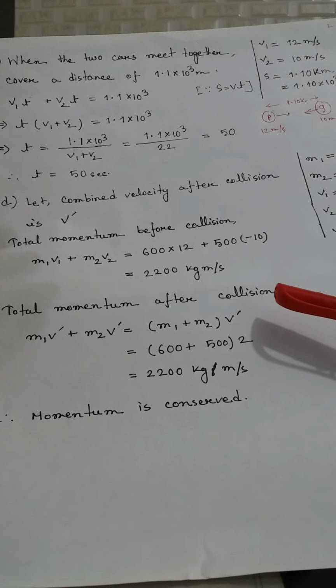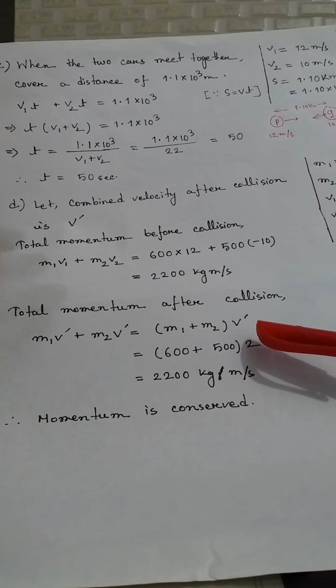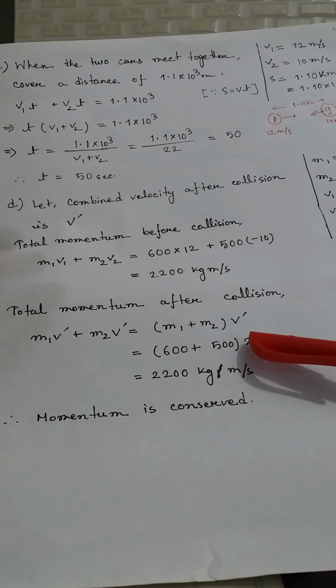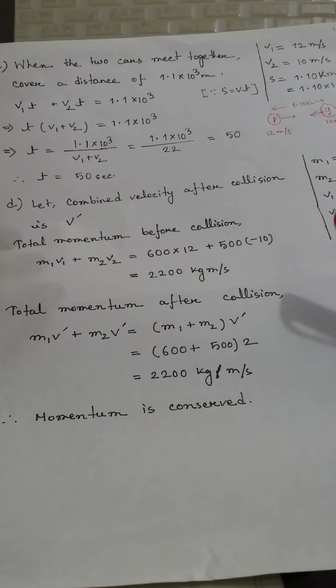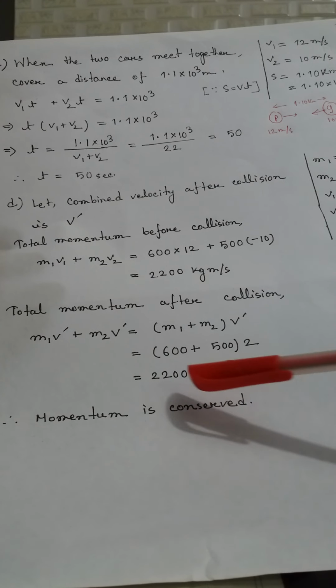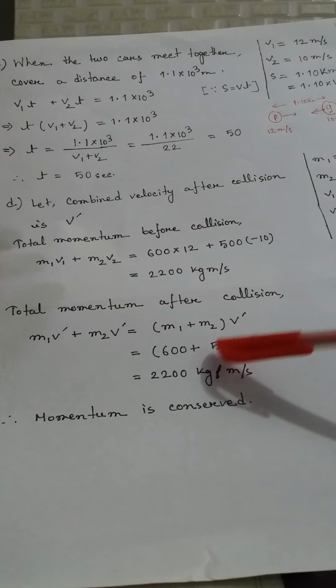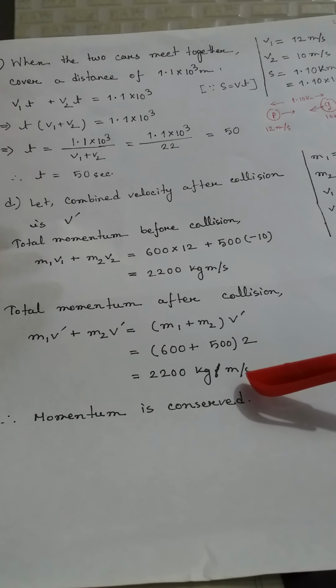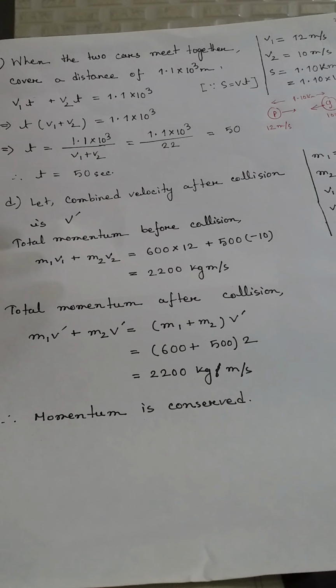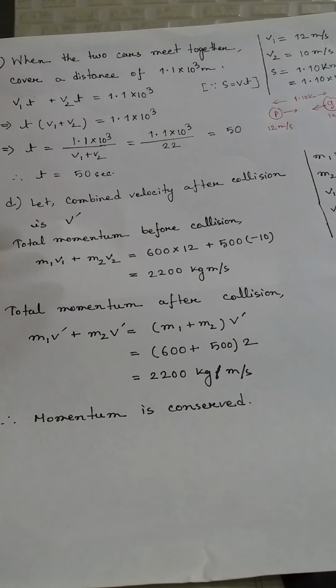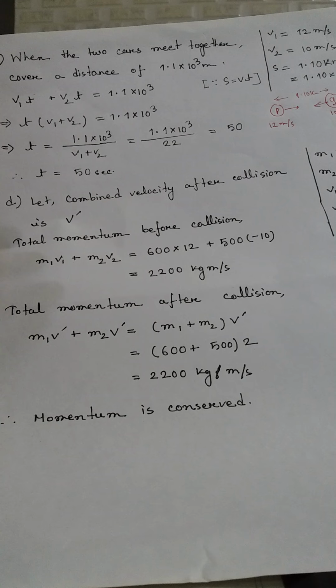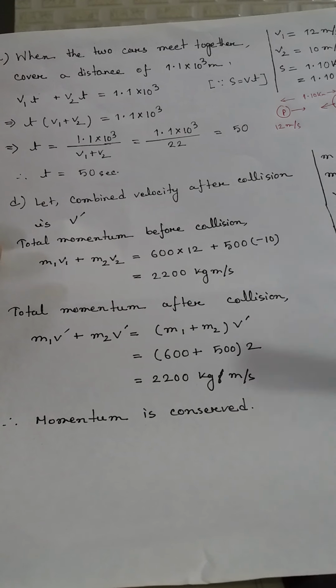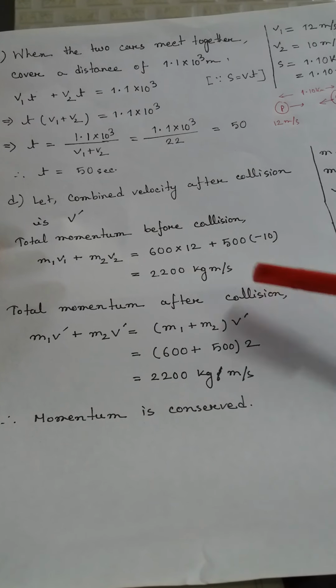So total momentum after collision will be m1v' plus m2v', and if we apply the values in this equation, we will get the total momentum after collision as 2200 kg meter per second, which is exactly equal to the momentum before collision.